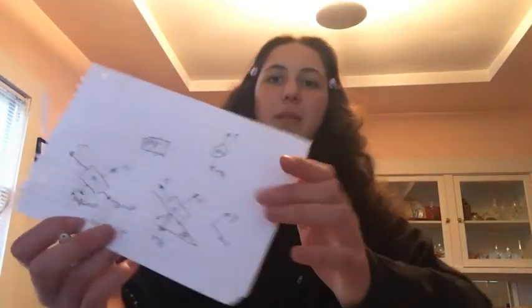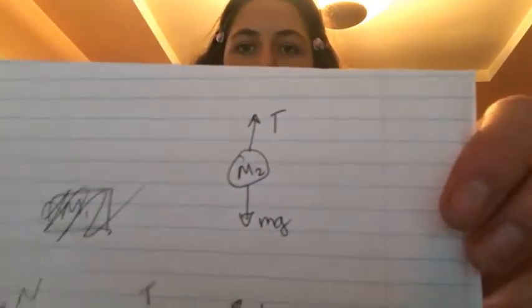So this can be done with a free body diagram of mass 2, right? So this is our free body diagram here, right?